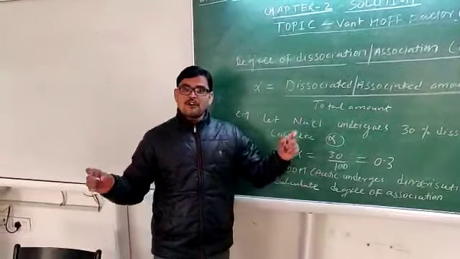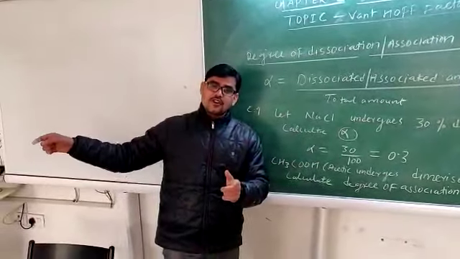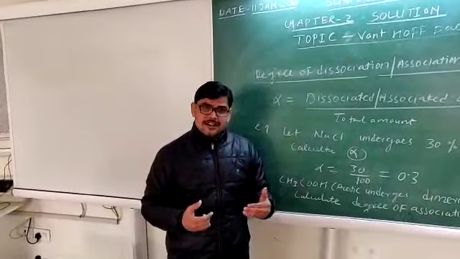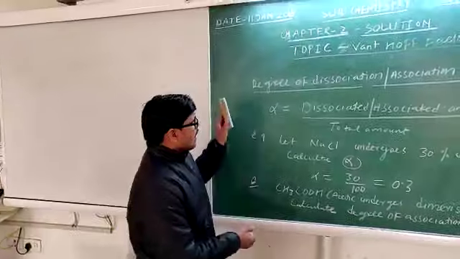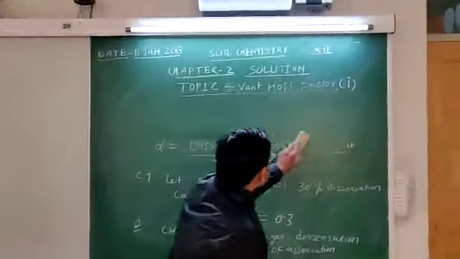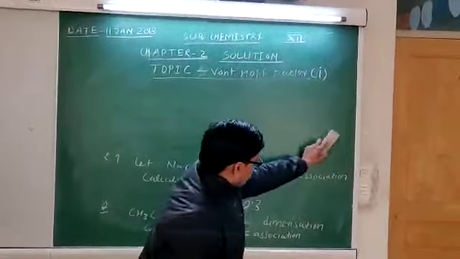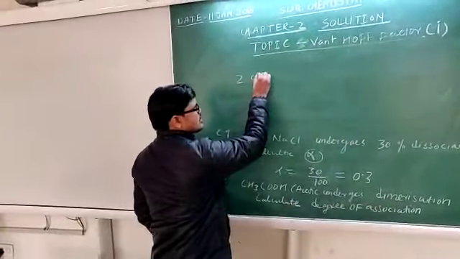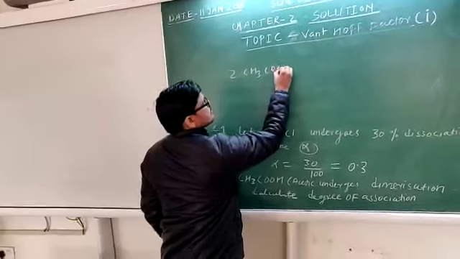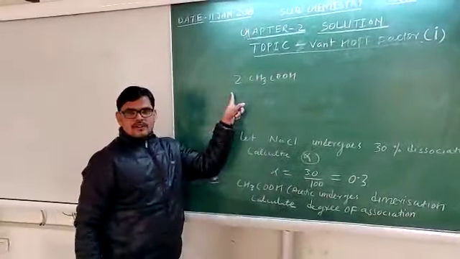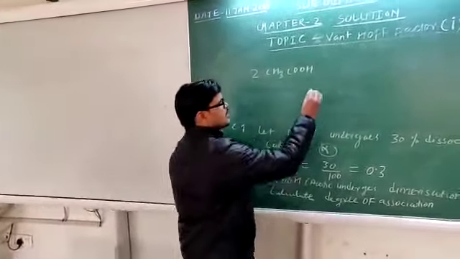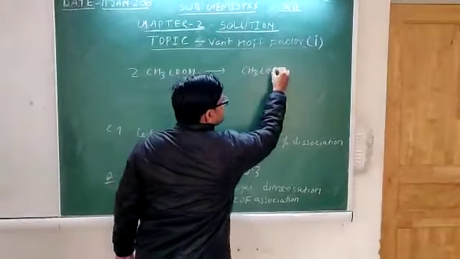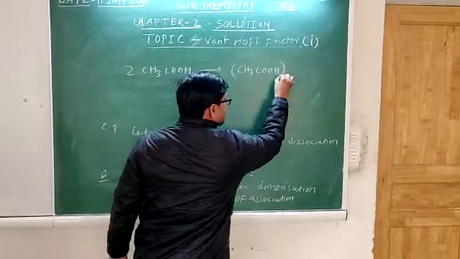If 3 molecules undergo association, it is called trimerization. If 4 molecules undergo association, it is called tetramerization. So here I am talking about acetic acid undergoing dimerization. It means 2 molecules of acetic acid associate. After association, it becomes a single molecule.